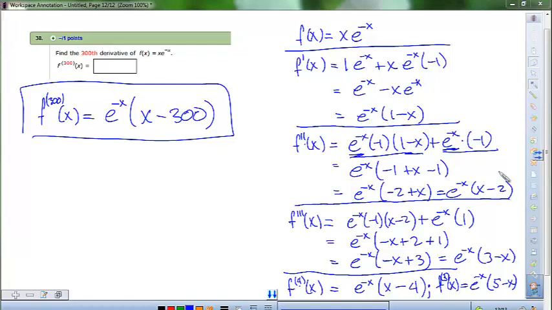So when you're doing the problems in WebAssign, it would be a good idea to have another sheet of paper with you to do the scratch work, and also to have the table of derivatives at your side as you're doing the homework, and those things will be really useful for you to get through it.